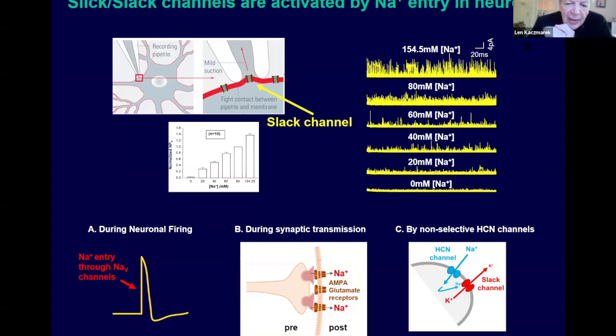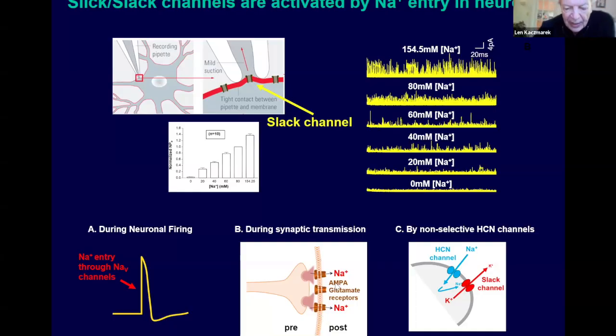So when does this happen in real life in a neuron? Well, the first obvious time it happens is when the neuron generates an action potential, an impulse, and sodium enters through the sodium channels. And that's an obvious way that these channels become active. The second way that's been shown that they can become activated is during excitatory transmission.